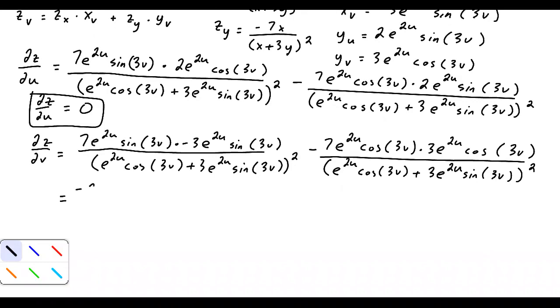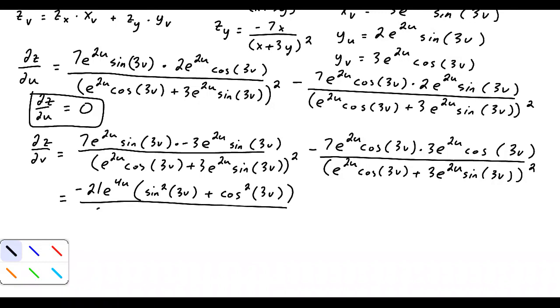First, we have a negative 21 e to the 4u times (sine squared of 3v plus cosine squared of 3v), that's our numerator, divided by (e to the 2u cosine of 3v plus 3e to the 2u sine of 3v) squared.